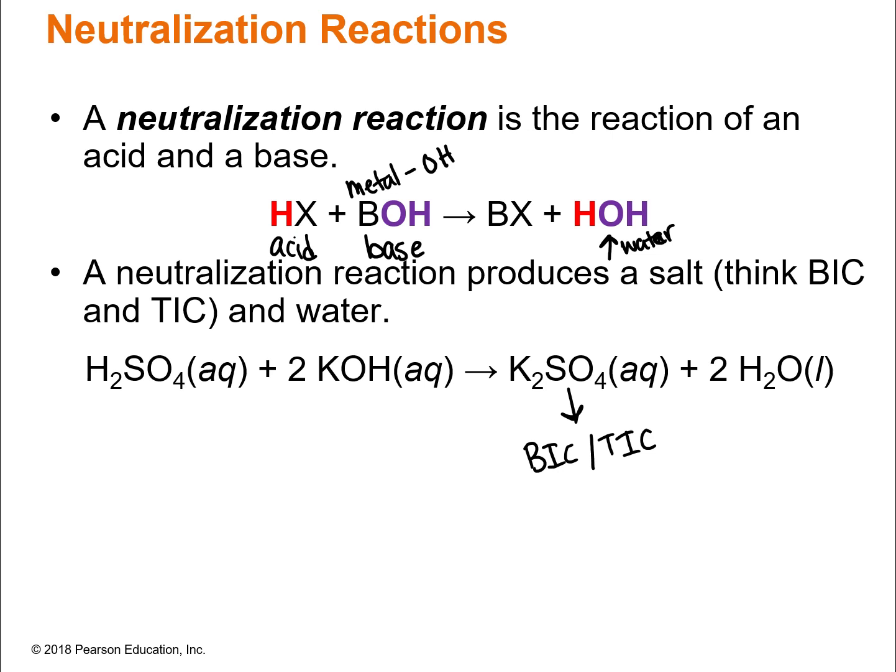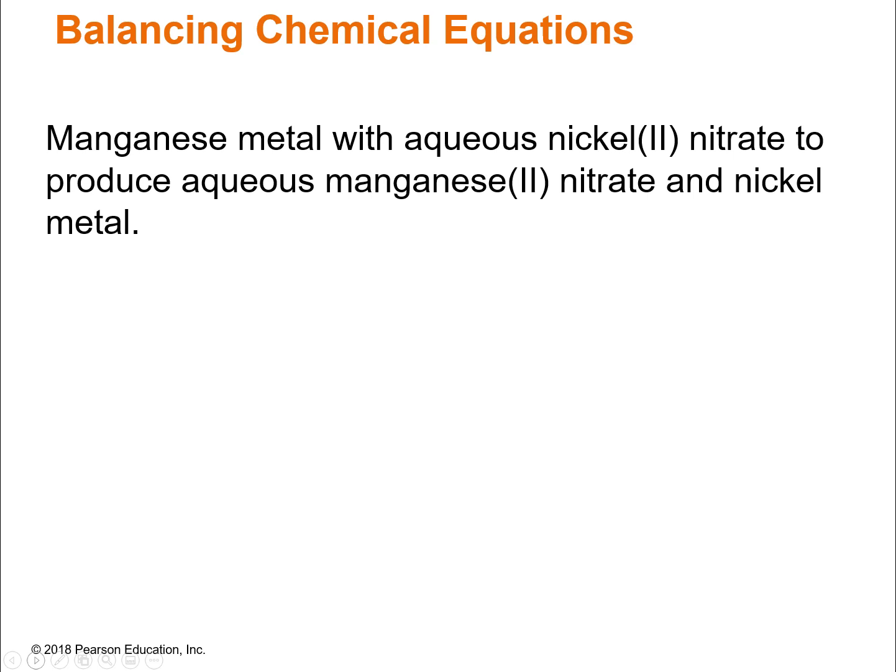We are reaching close to the hour, and we still have to go over balancing equations. So, here's a little bit of practice for you to go from the written description to a chemical equation.